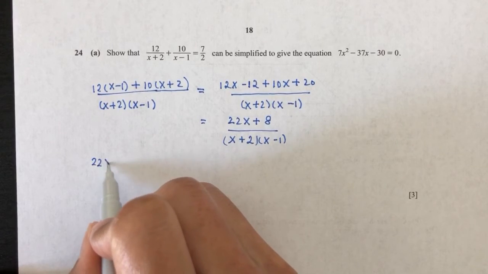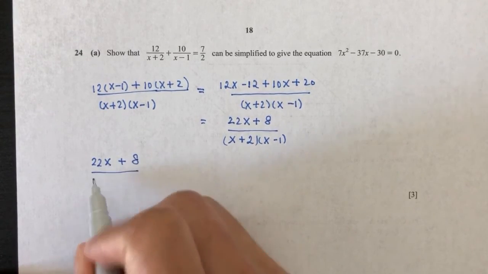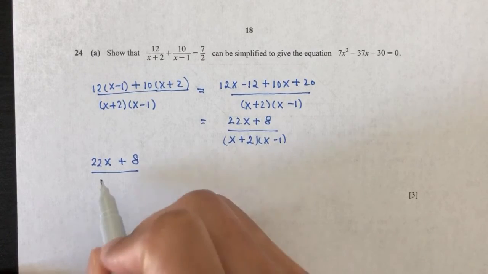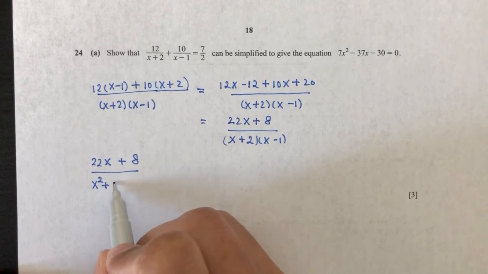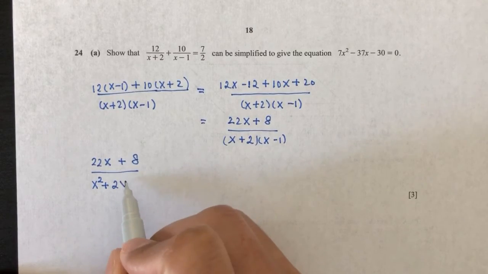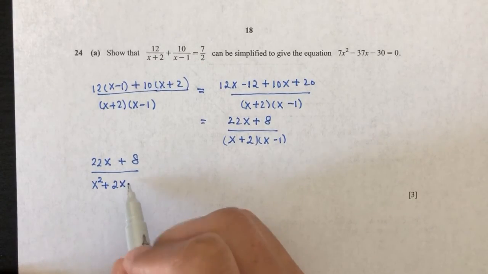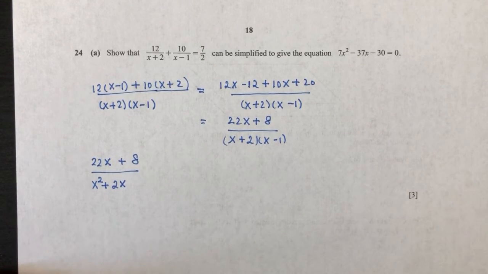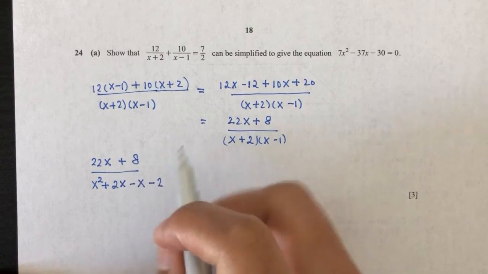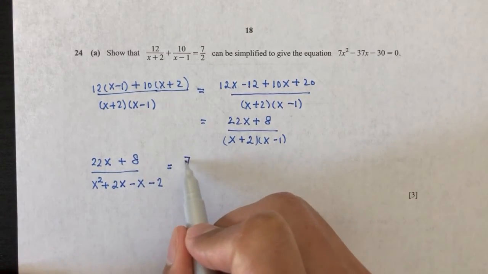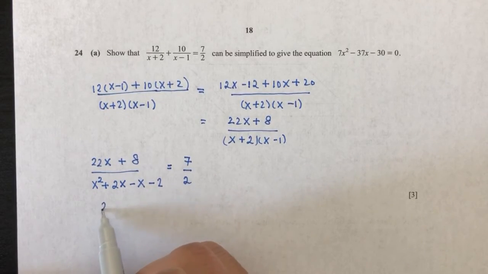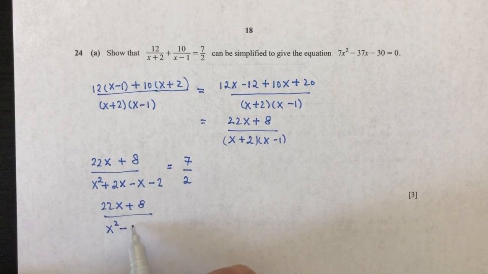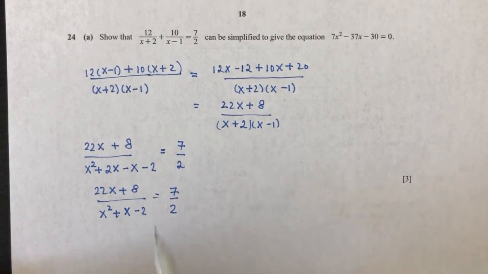Now we have 22x plus 8 divided by, let's expand this one, x squared plus 2x minus x minus 2 equal to 7 over 2. Simplify this part, we have 22x plus 8 divided by x squared plus x minus 2 equal to 7 over 2. So now we have to cross multiply.